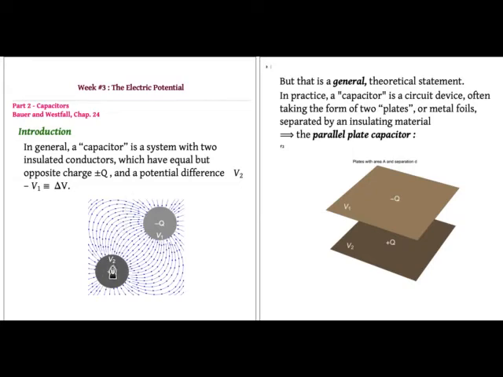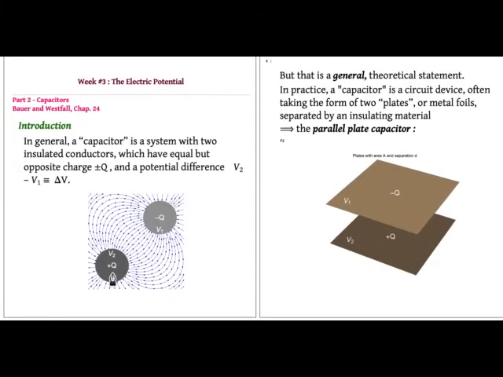So that means the electric potential inside a conductor is constant. In other words, a metal in electrostatics is an equipotential region of space.